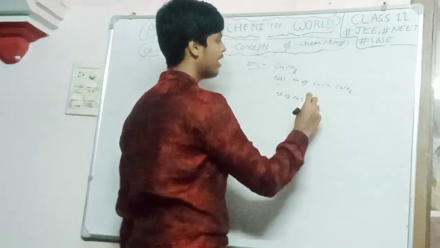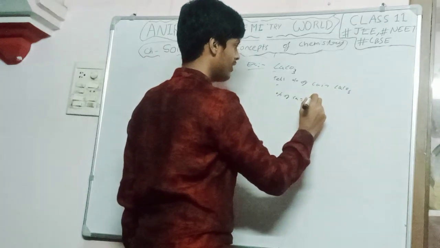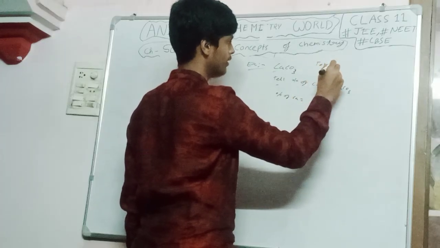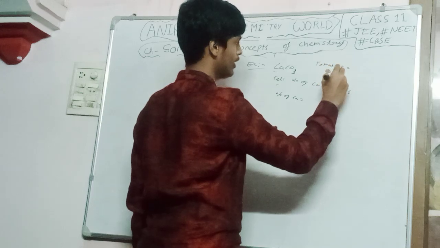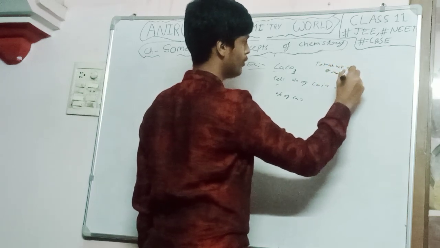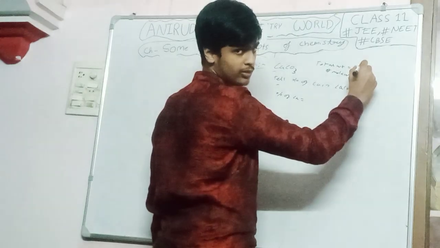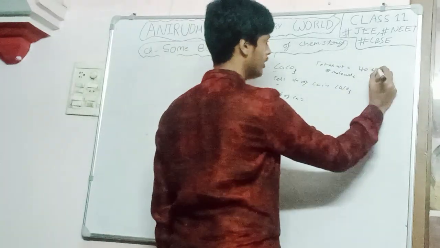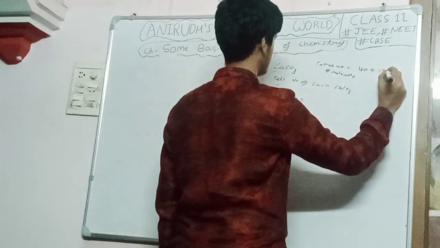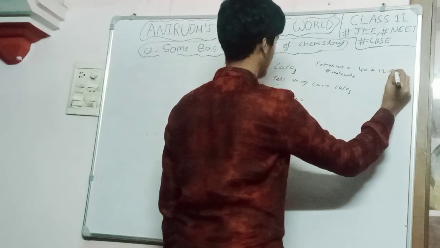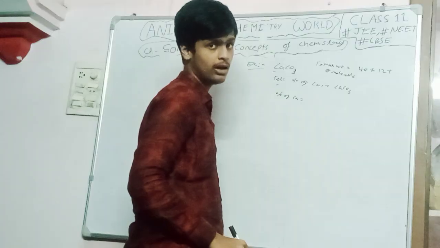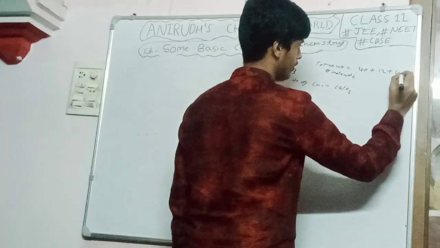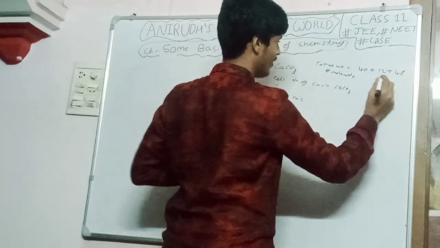Percentage of calcium is equal to the given weight of the element, how much it is there, divided by the total weight of the molecule. The atomic mass of calcium is 40, plus the atomic weight of carbon, which is 12, plus oxygen, whose atomic number is 8 and atomic mass 16, and there are three of them, so 48.